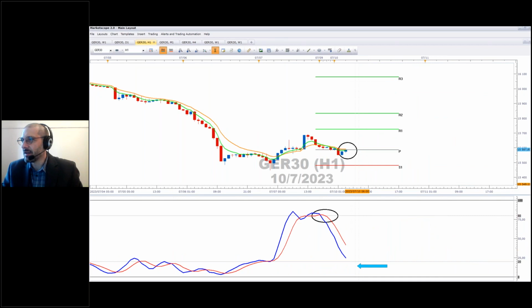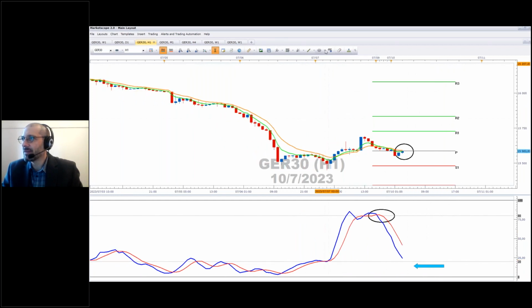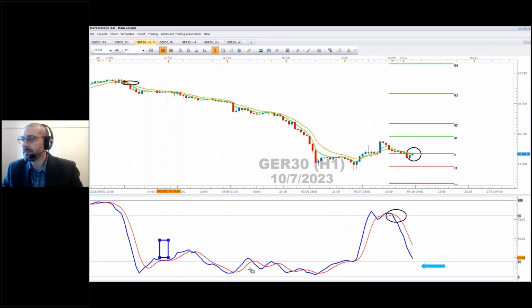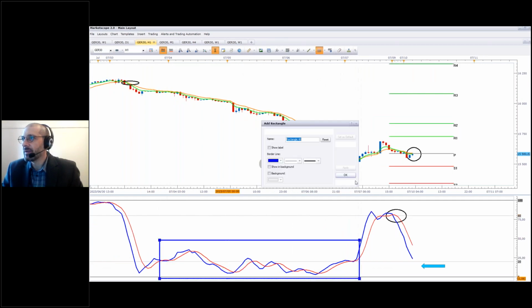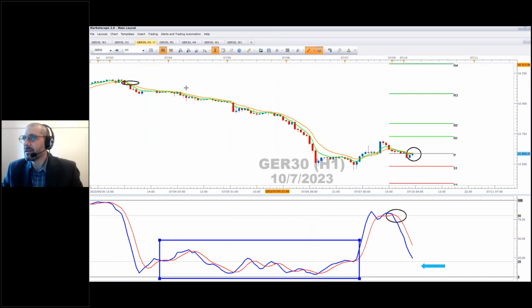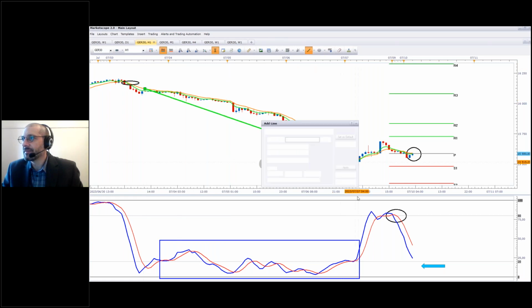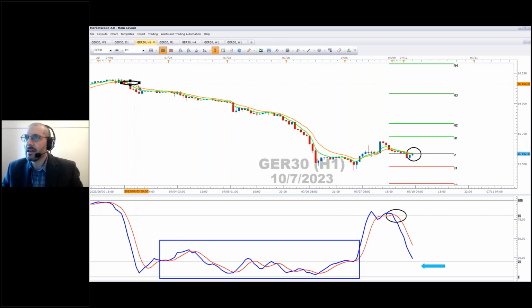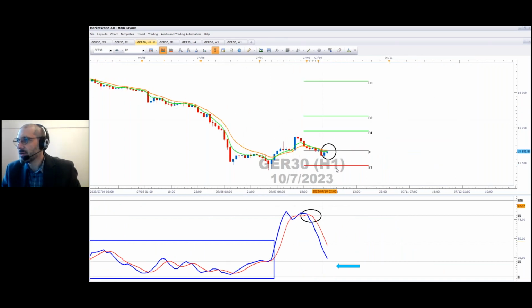Okay, it doesn't look like there's a lot of balance here. So if the stochastic falls into the lower quintile, well, look what happened the last time it fell into the lower quintile. Okay, and we got this terrific movement down, a terrific swing down. So the DAX is looking quite rickety at the moment.